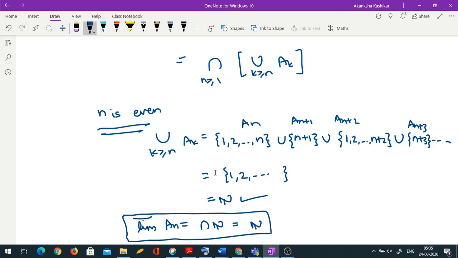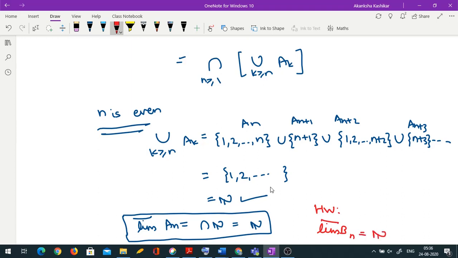Okay, now there is some homework for you. So homework is, check what happens to lim sup bn. You would get lim sup bn also to be the natural numbers.